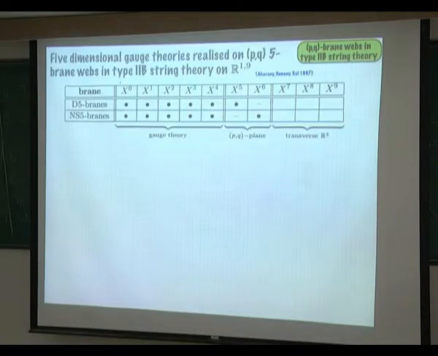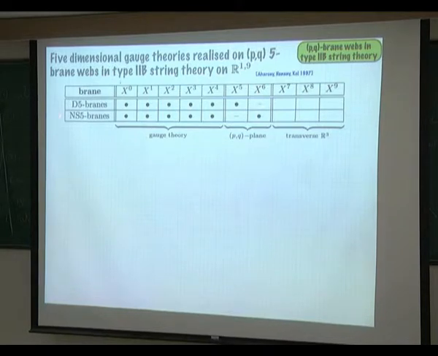But now let me start, as I said, with a definition of my gauge theories, and let me start with the PQ brane webs. As has been discussed in the literature, you can realize five-dimensional gauge theories on PQ 5-brane webs in type 2. Here I've schematically drawn the coordinates x0 through x9 on R^{1,9}.